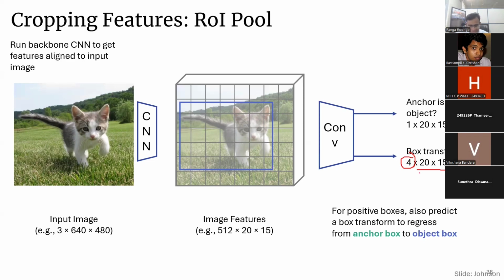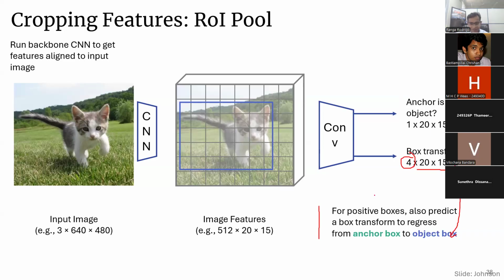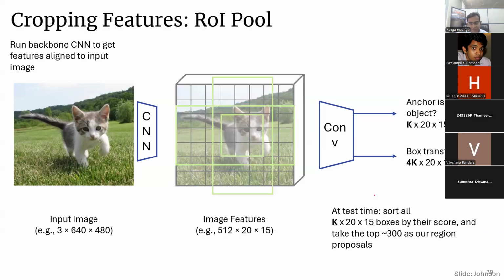For positive boxes, also predict a box transform to regress from anchor boxes to the object box. So at test time, sort all k times 20 times 15 boxes by score and take the top 300 as region proposals.